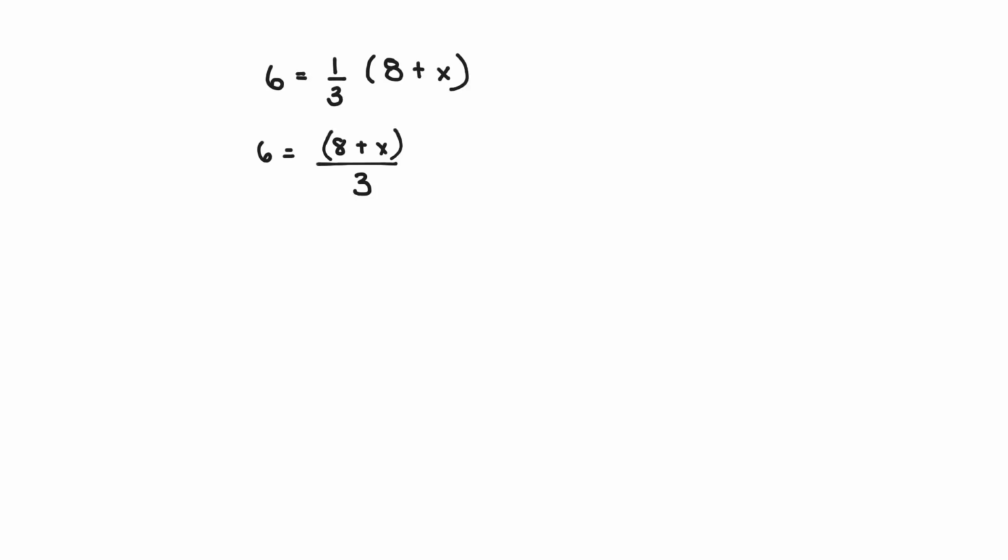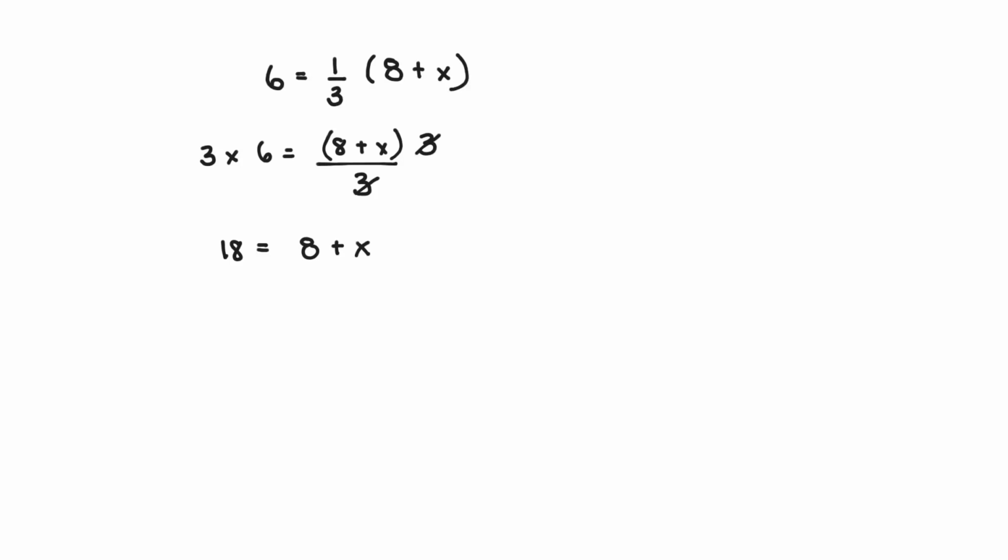So to get rid of the denominator of 3, we can times this whole side by 3. But whatever we do to the right side, we have to do to the left side, so we're going to times the other side by 3. So these will cancel out, and that's going to work out to be 18 equals 8 plus x.